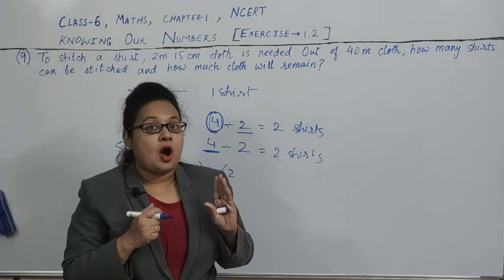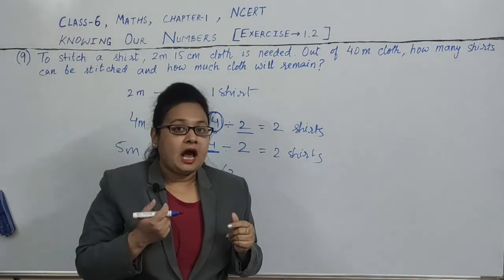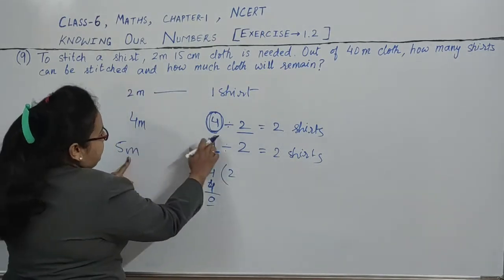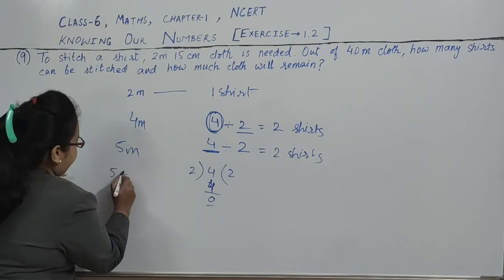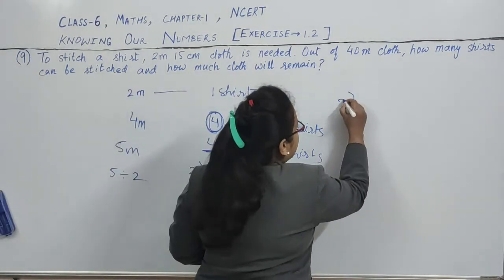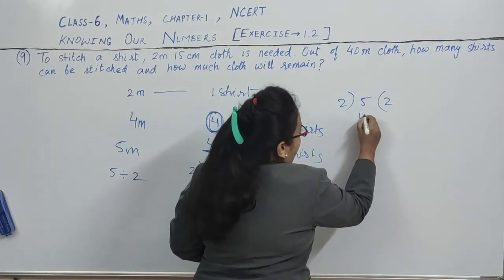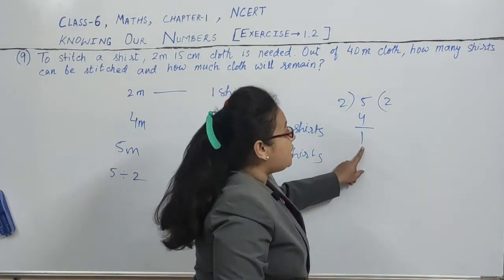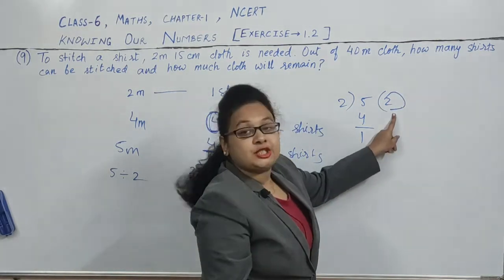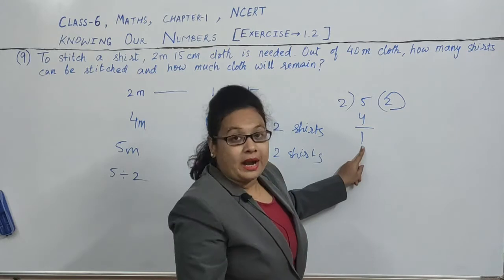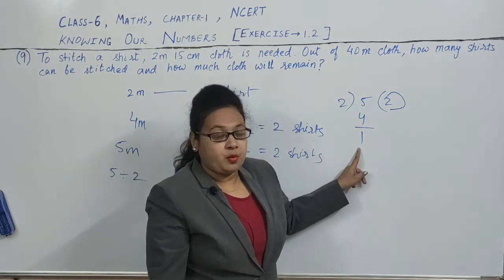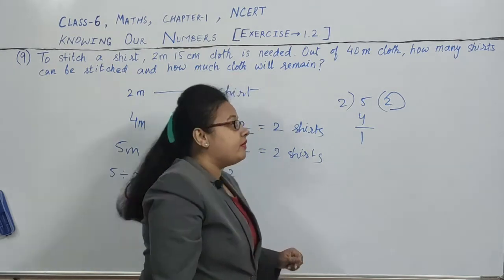Same like this, we will divide 5 by 2 and see what happens. 2 2s are 4, so the remainder is 1. It means 2 shirts can be stitched and 1 meter cloth will remain.